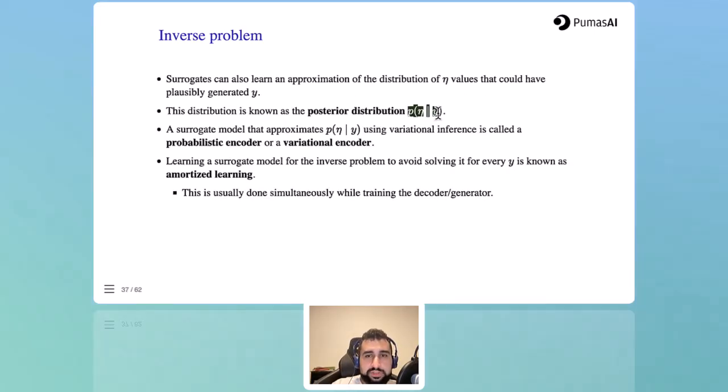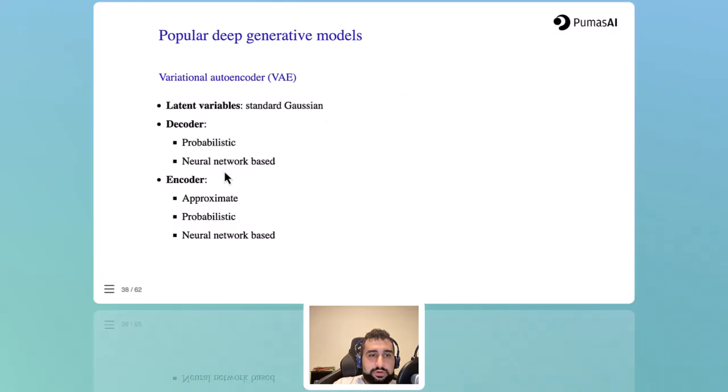Right, so whatever approximation family we pick, the parameters of that are often parameterized by neural networks themselves. So it uses a neural network for the decoder, it uses a neural network for the encoder. It's probabilistic in both, and it's approximate in the encoder, and it uses the standard Gaussian latent variable. And that's precisely what the original variational autoencoder model was, or still is, essentially.